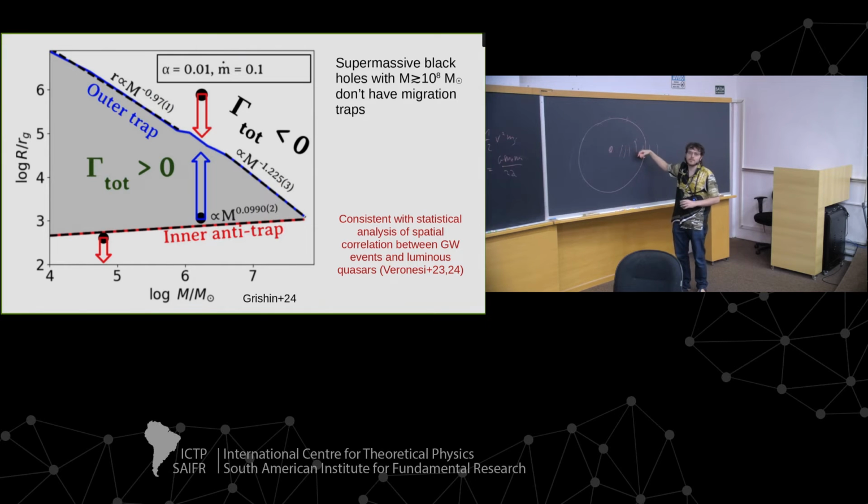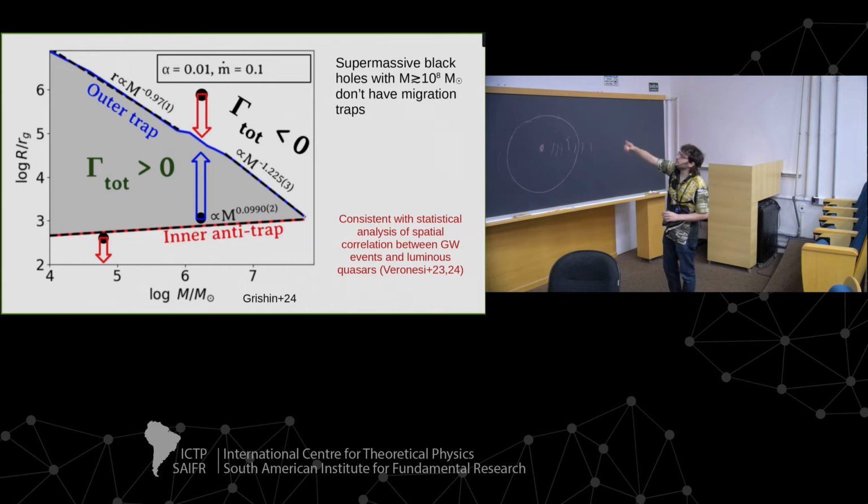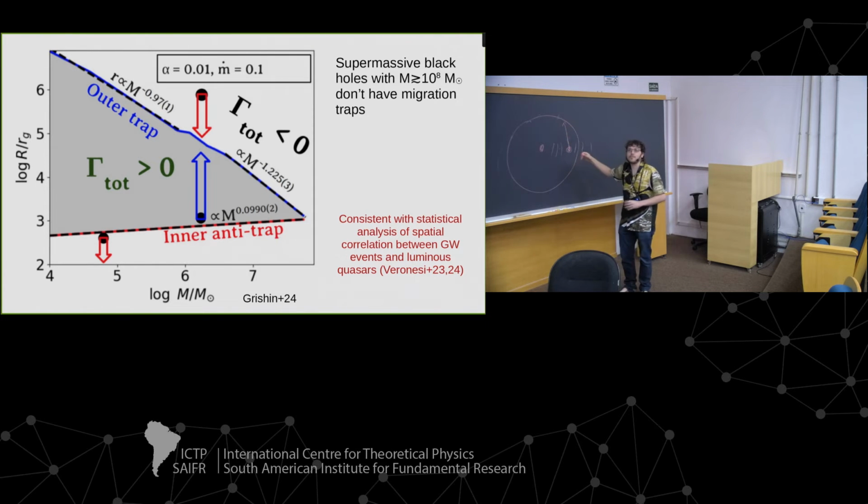Then you have a net torque, and so the black hole will go somewhere. Then there is also something else that has been added lately: if the black hole, or the planet, is luminous, so is actually accreting, and this accretion is making the gas around hotter, then you have some lobes. These lobes are hot, so they are underdense.